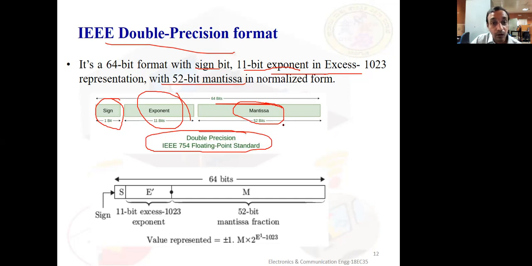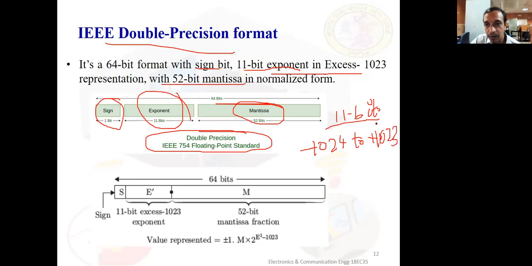So how many bits are in the exponent? 11 bits, which means 2 power 11. For 8 bits we said minus 128 to plus 127, for 9 bits it will be minus 256 to plus 255. Like that, if you take 11 bits, the actual exponent will range from minus 1024 to plus 1023.